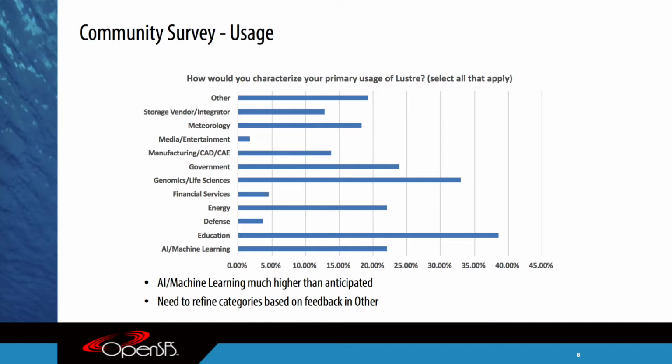But the one that was very interesting for me was AI and machine learning. I knew there were some sites using Lustre for that, but it came up as a pretty high percentage. This was a question that allowed you to pick multiple options, so it seemed that people in other disciplines were also exploring AI and machine learning in conjunction with their existing primary activity.